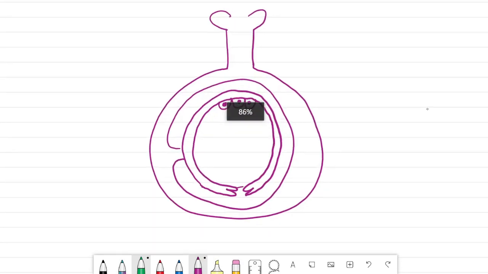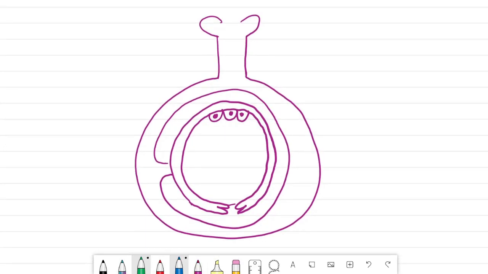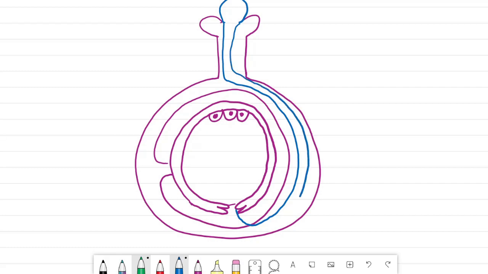Okay, so here's where the drawing is going to look a little bit different. I'm still drawing the pollen tube and the pollen grain. Here you will still have your synergid cells, but now you have something different inside.